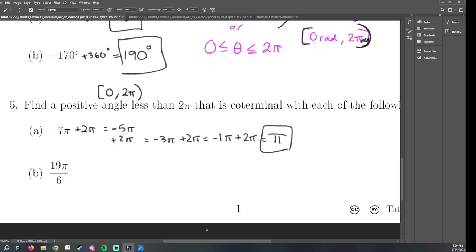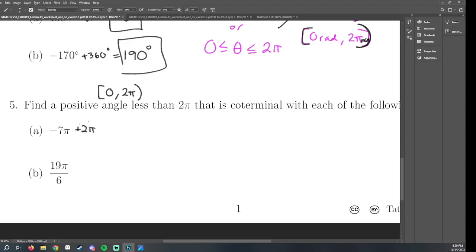Keep in mind the way this work is written now looks like nonsense because it looks like I'm saying this equals this equals this equals this, which is not true. But the idea here is just that I'm repeatedly adding 2 pi until I get a number that is actually in the range we want. As long as it's still negative, we have to keep adding 2 pi until it's not. The other way you could think about this is, what multiple of pi could I add that would get it into this range?